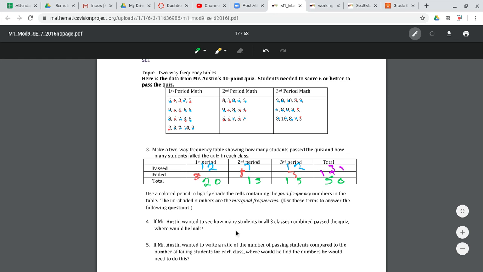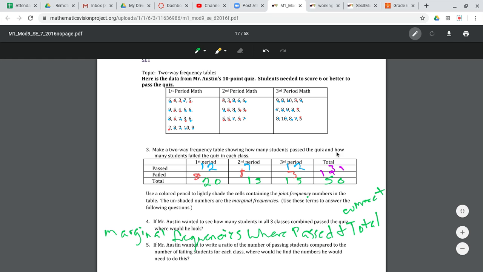So if Mr. Austin wanted to see how many students in all 3 classes combined passed the quiz, where would he look? So looking at this, where did he need to look to figure that out? Well, he'd look in the marginal frequencies where pass and total connect.